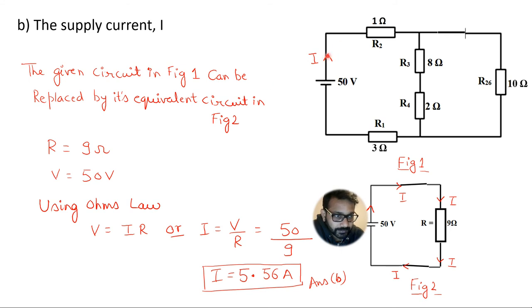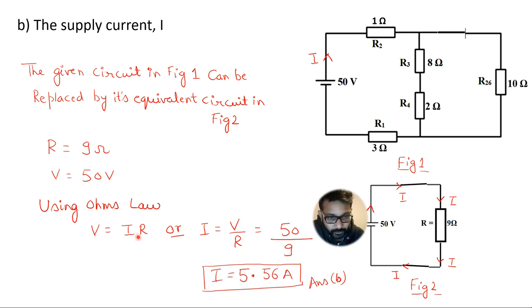So supply current is I. For that, I am considering the final circuit in part A. The resultant resistance we found to be 9 ohms, and the supply voltage was 50 volts. Sorry. So we know the value of resistance, we know the value of the supply voltage, right? So using Ohm's law, we can calculate the supply current.